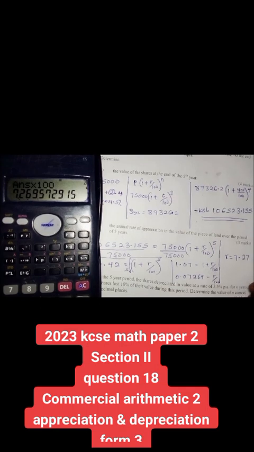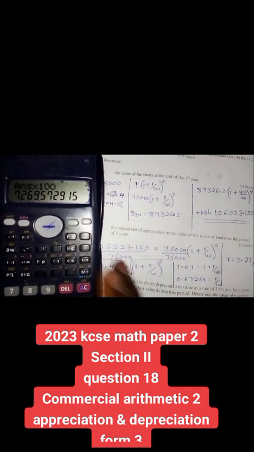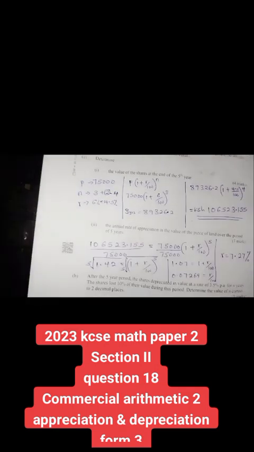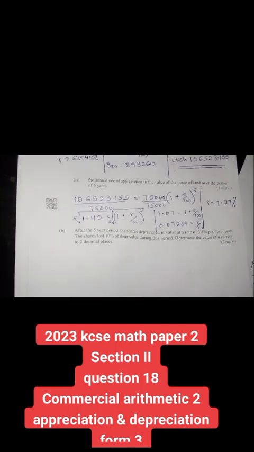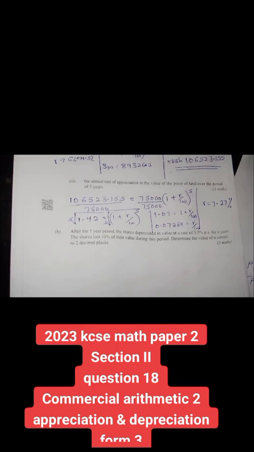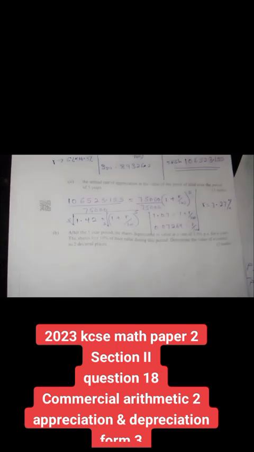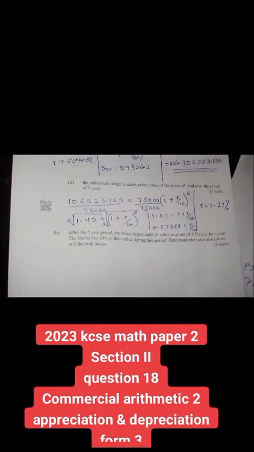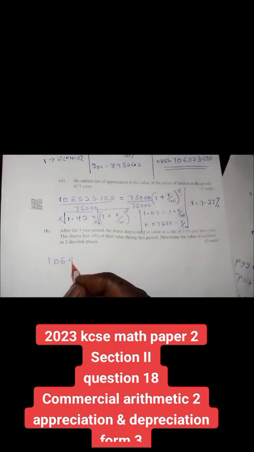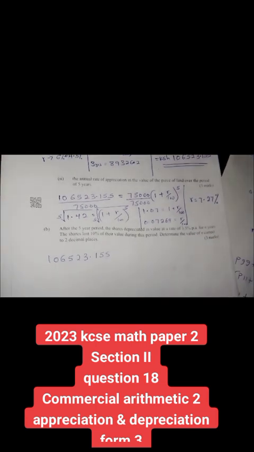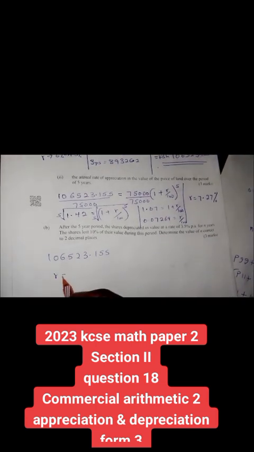On the last part, you are told that after the 5 years period, the shares depreciated in value. So we are going back to the shares. These shares depreciated in value at the rate of 3.5% for a number of years that we don't know. The shares lost 10%, so 90% was left.